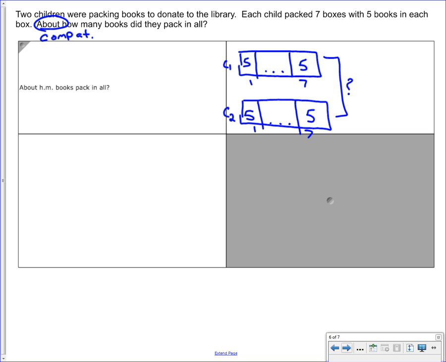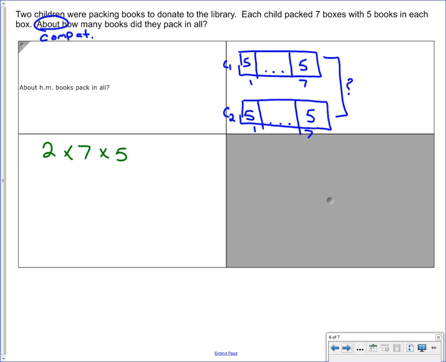There's multiple ways to solve this problem. For example, there are two children who each pack 7 boxes with 5 books in each. So we can write it as 2 times 7 times 5.